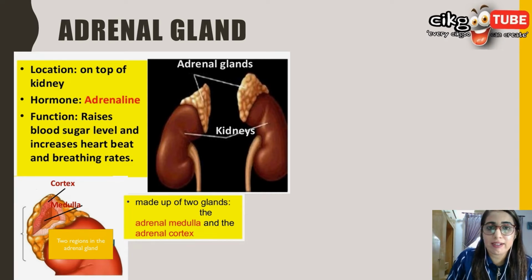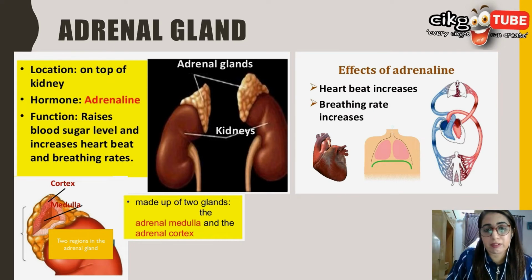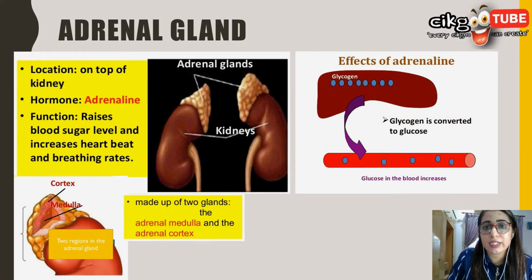Adrenaline prepares the body in a fight or flight situation, to increase the blood sugar level, heartbeat, respiratory rate, and also metabolic rate. So heartbeat rate increases, breathing rate increases. Adrenaline also stimulates the conversion of glycogen to glucose.